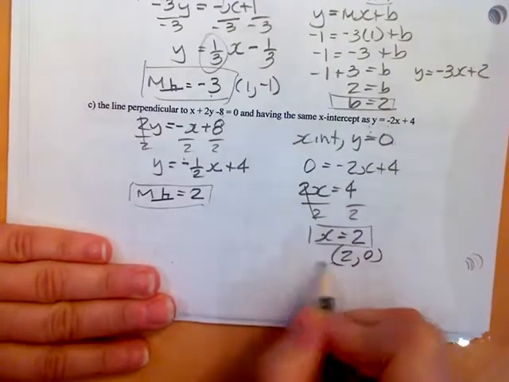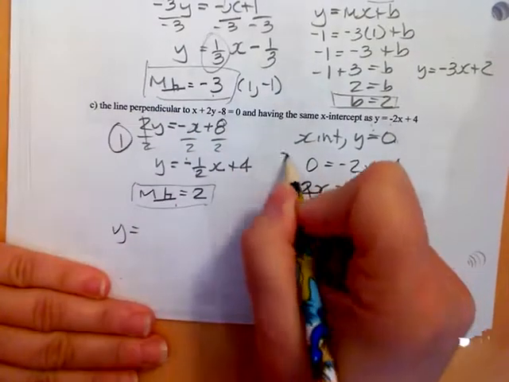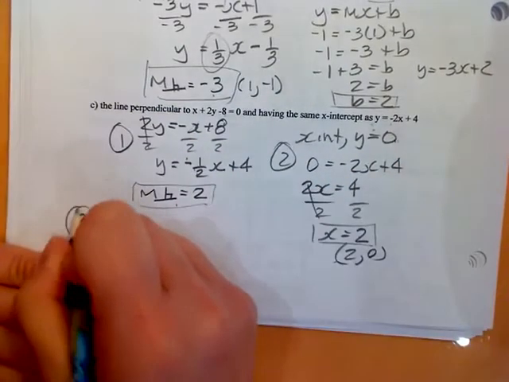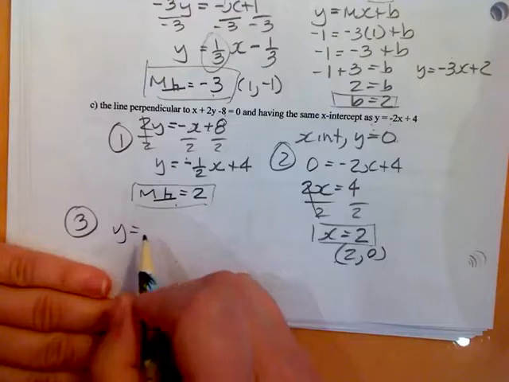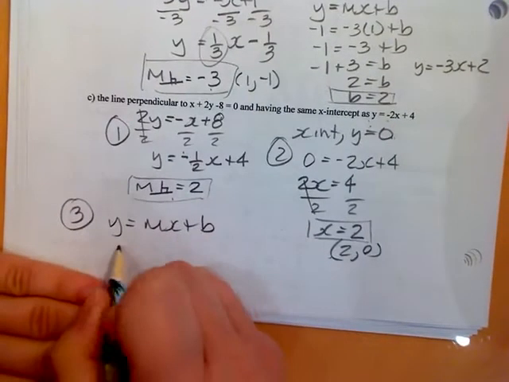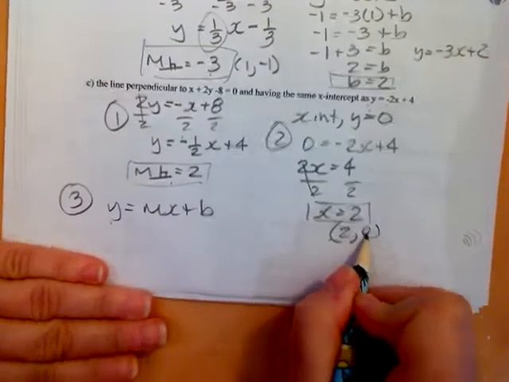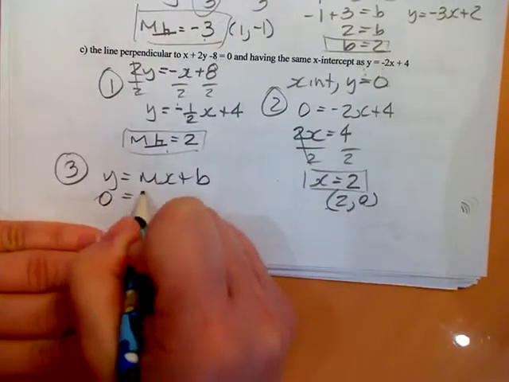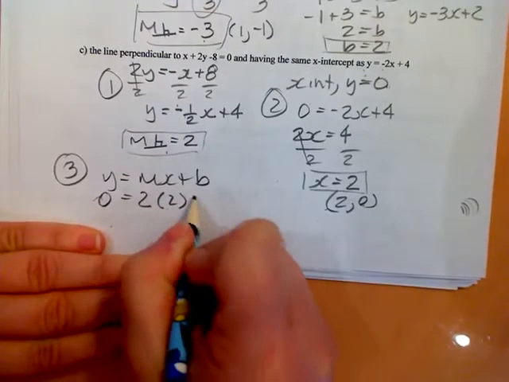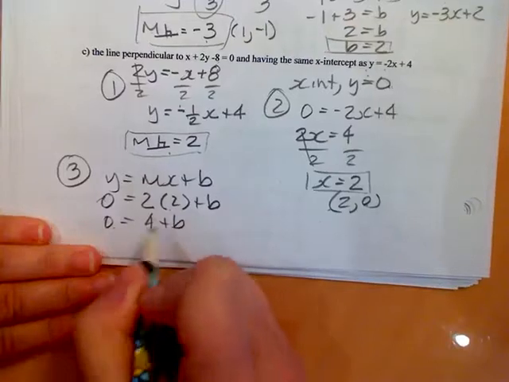So that's the point, that's the slope, and now I can do y equals mx plus b. So here I've got y is 0, m is 2, x is 2, and b is what I'm looking for, so 0 equals 4 plus b.